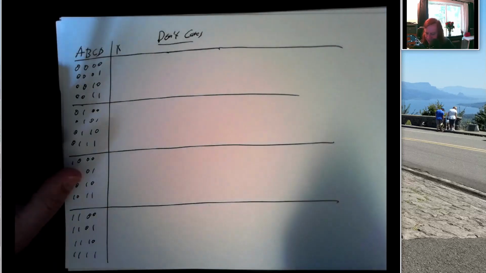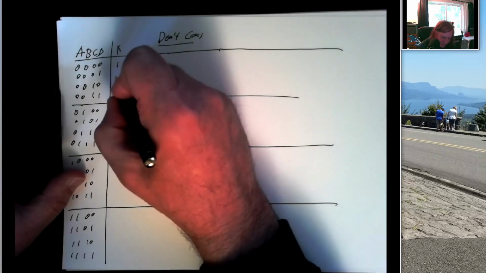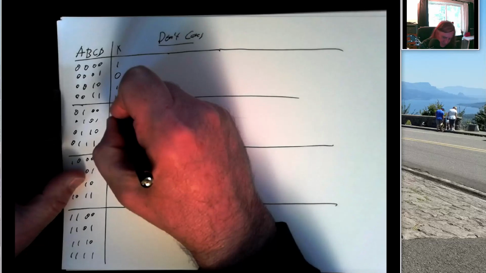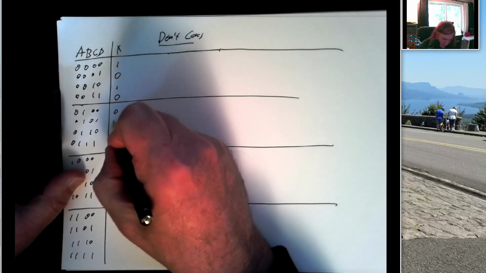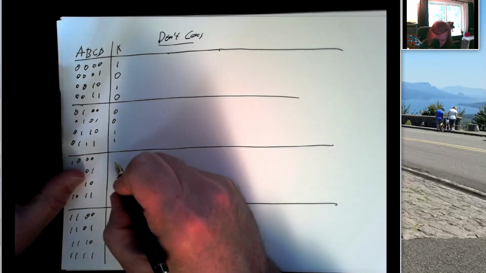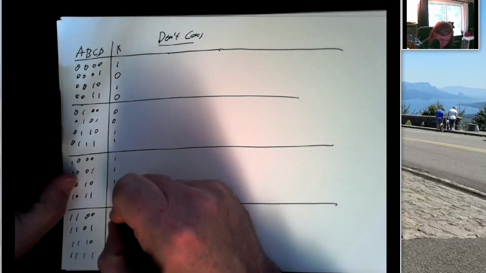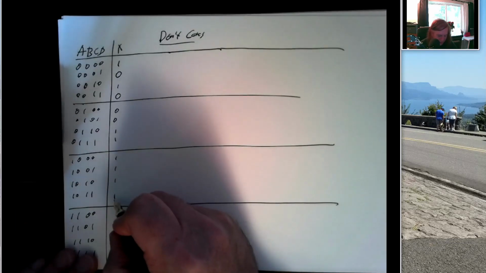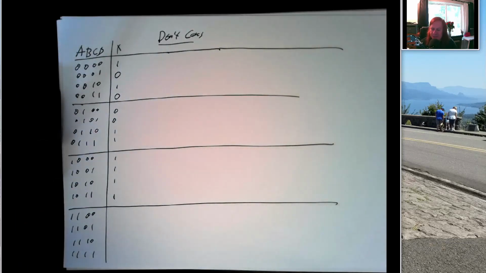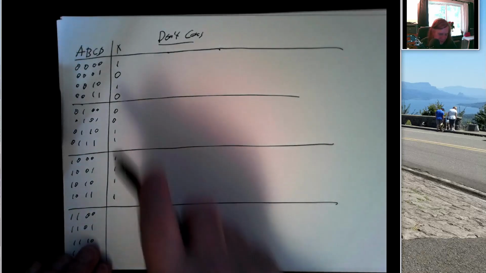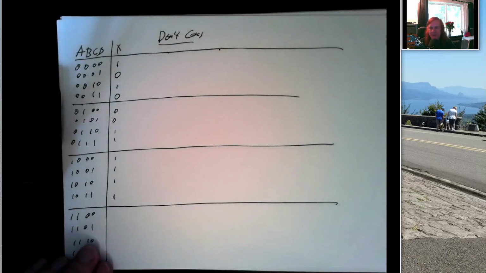So there's 16 possibilities, and suppose we want our outputs to look like this. And suppose those are the only requirements for our circuit that generates X. It's got to generate these 12 values for these 12 sets of inputs.